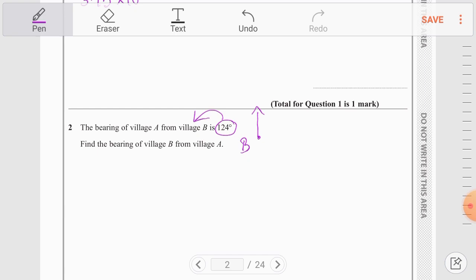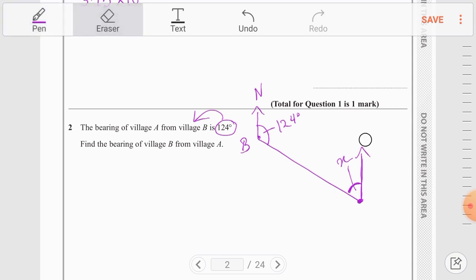Let this be point B, and this is the north side of B, and village A is 124 degrees from village B. So 124 degrees would be something like this, greater than 90 but less than 180. So village A is situated somewhere near this area, and this straight line is the north of village A. At first we need to know the value for this angle. Let us imagine it's x, and this angle was already given as 124 degrees.